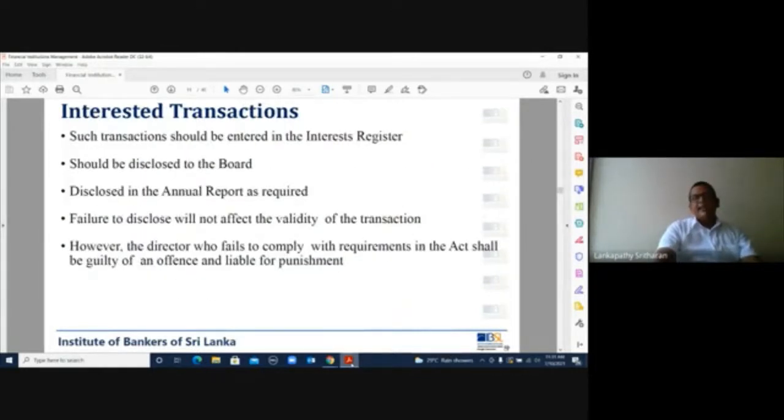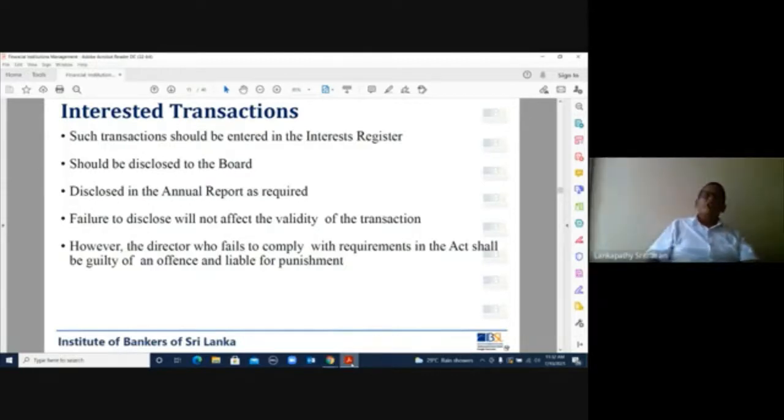Okay. Then that should be disclosed to the board. If there is any director interested transaction, the particular director should disclose that information to the board. Sometimes, if good corporate governance prevails in a particular company, they may take the decision without that particular director. For example, again I am taking the same example. Company X or the bank X buys software from a particular company A. One of the bank directors is the main shareholder or director of that company A as well.